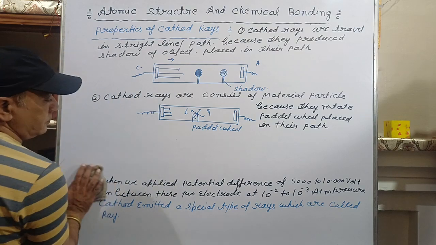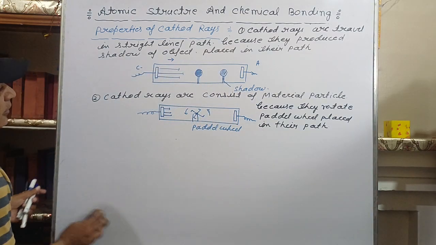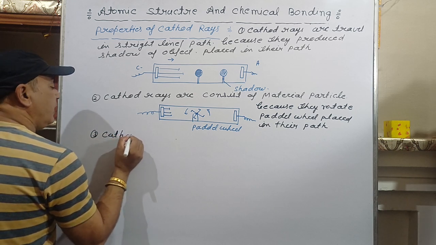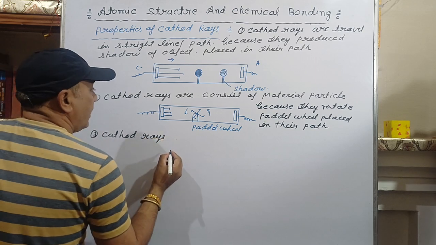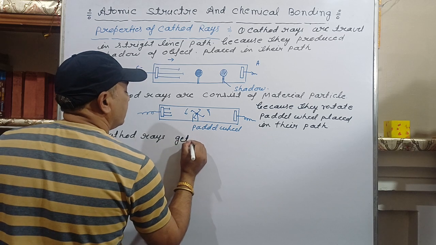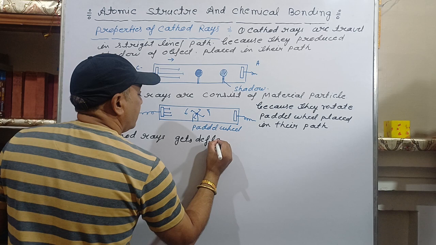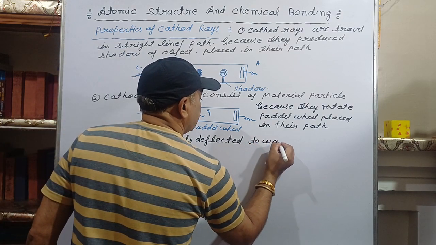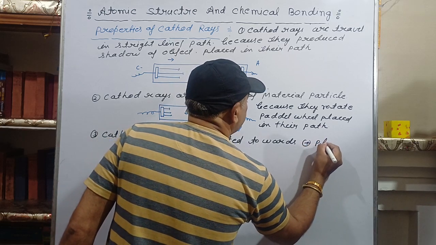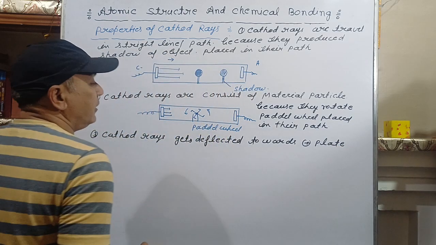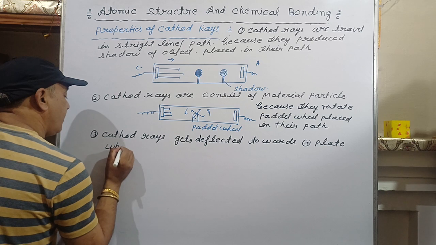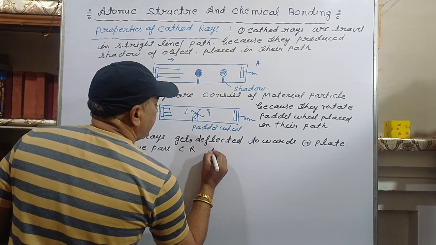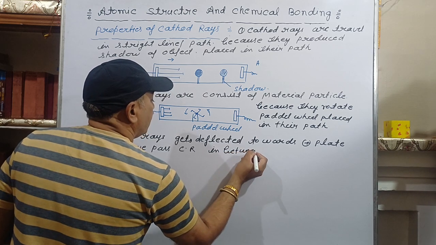Now the third property of cathode rays. Cathode rays get deflected towards the positive plate when we pass them through an electric field.